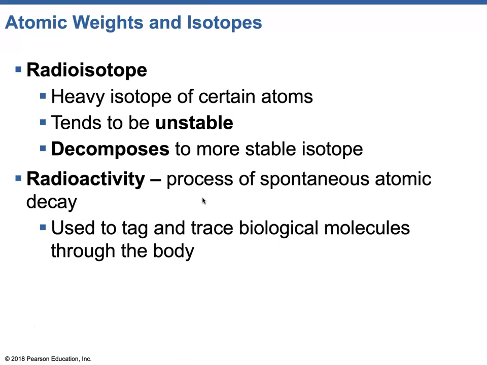So what they start to do is they lose these little particles, and then we can actually use these particle losses to trace different biological molecules. For example, sometimes you can go and get an MRI done and they will use a radioisotope, not something that is radiating you.